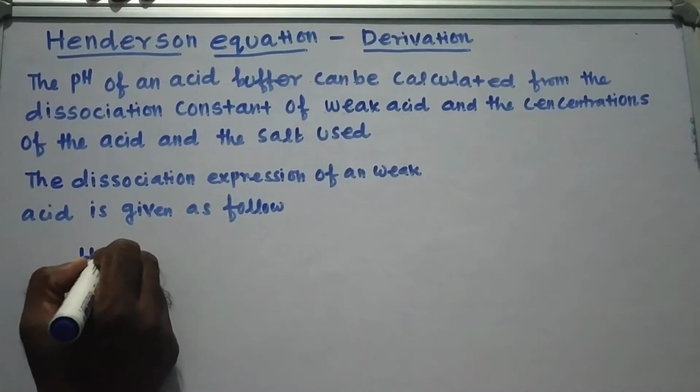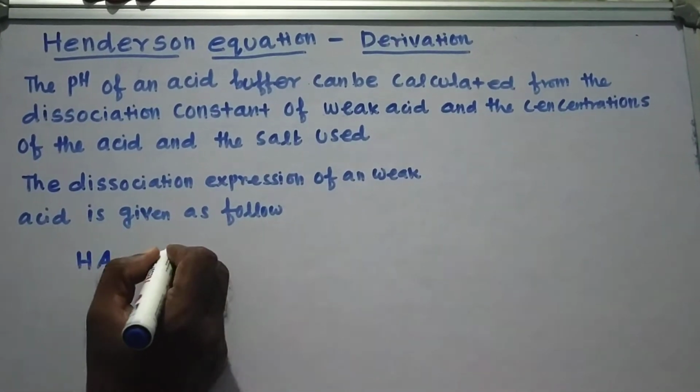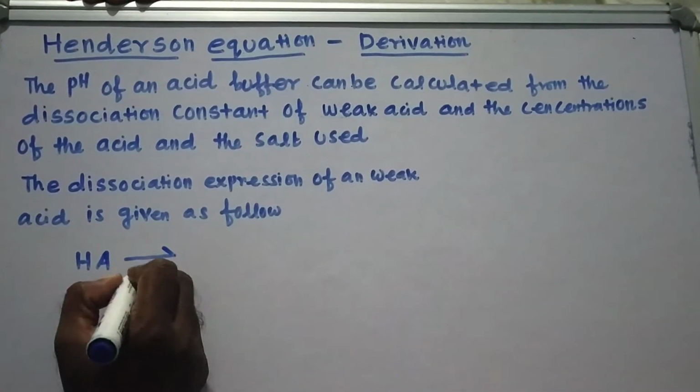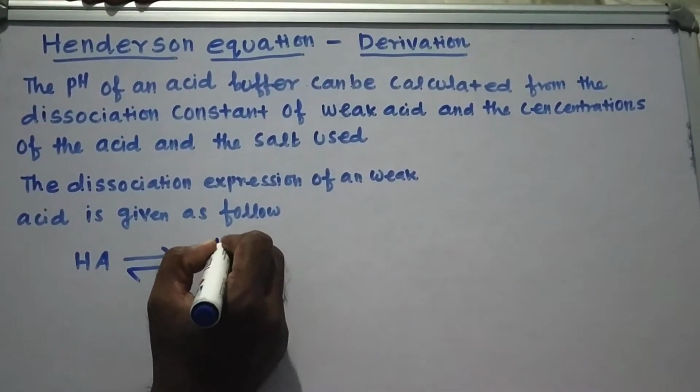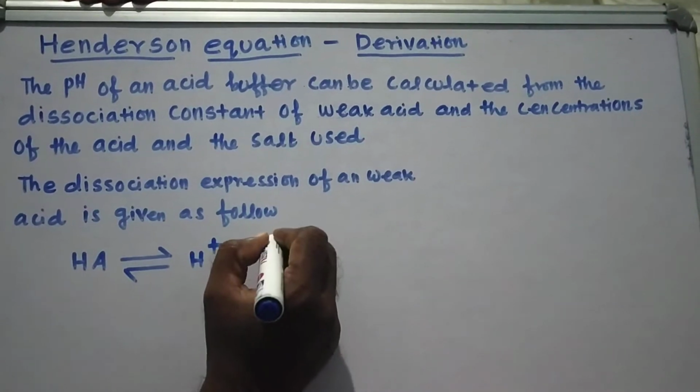HA on dissociation forms H plus and A minus.